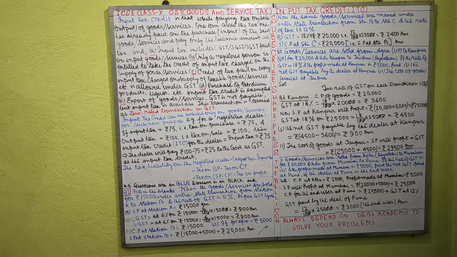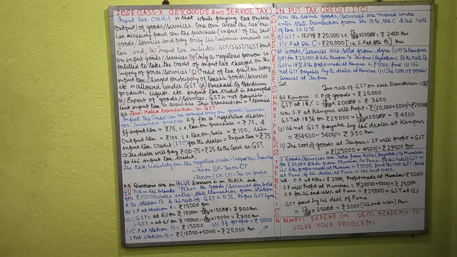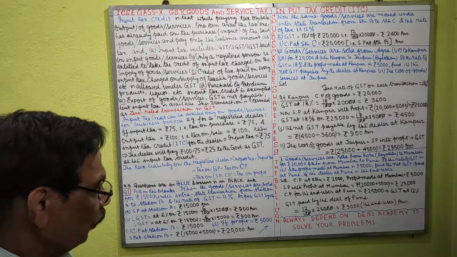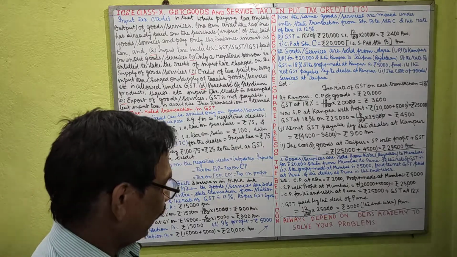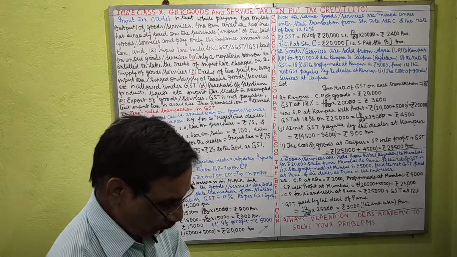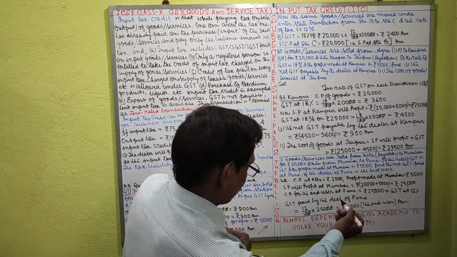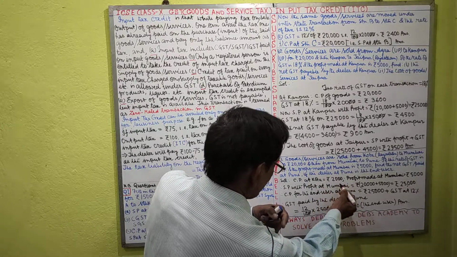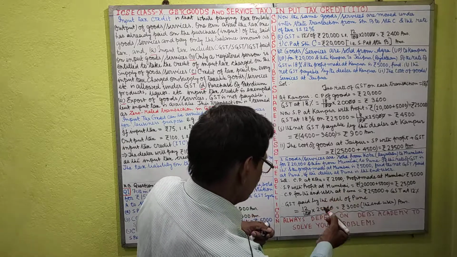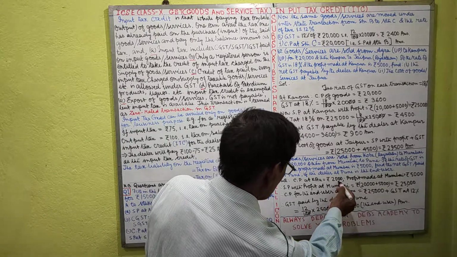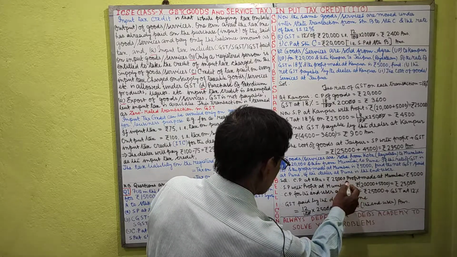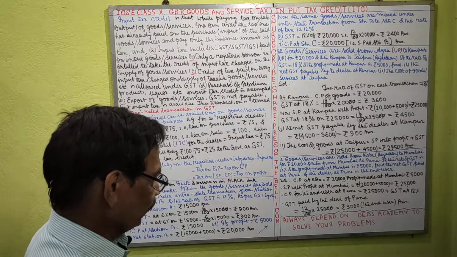The solution. CP at Kota equal to rupees 20,000. It is 20,000, not 22,000. And profit made at Mumbai is rupees 5,000.